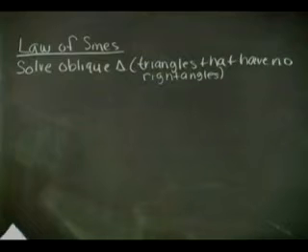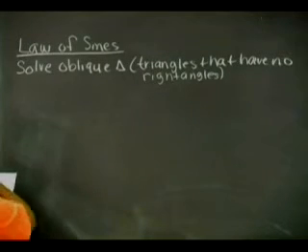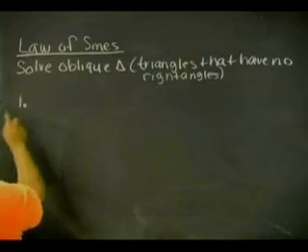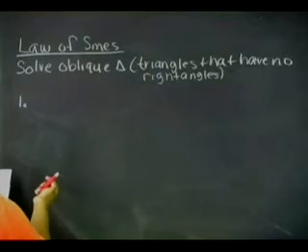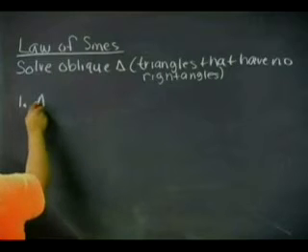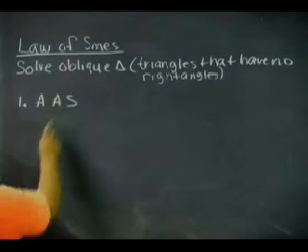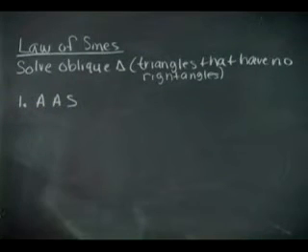We use the law of sines to solve the first 2 cases. The first is when we have angle, angle, side. If given a triangle, we know we have 3 angles and 3 sides.